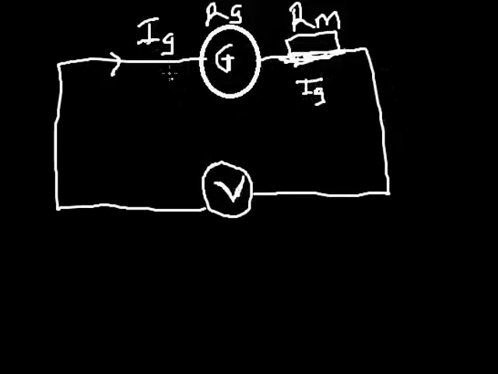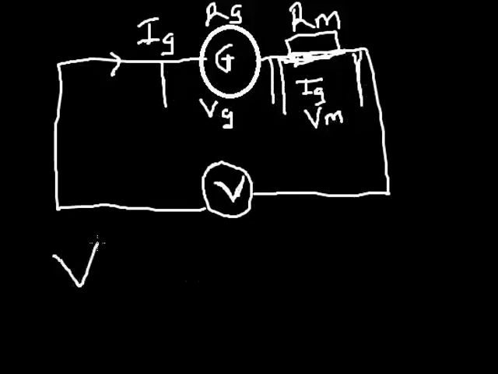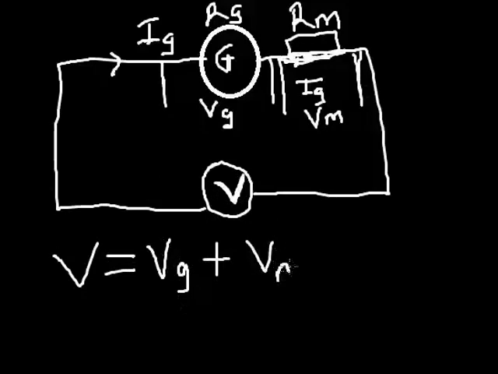Now what happens is this voltage from the voltmeter will be divided. Some will definitely go to the galvanometer. Let me call it Vg. Then of course the multiplier will take its own voltage. So that means the total voltage of the voltmeter is going to be the sum of the voltage of the galvanometer Vg plus the voltage of the multiplier Vm.